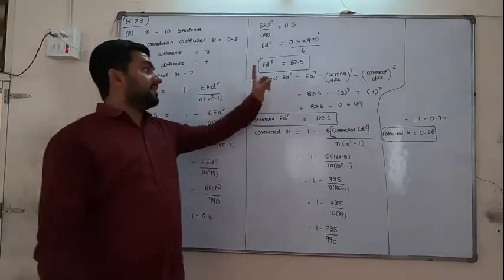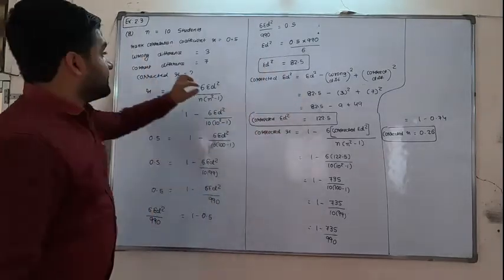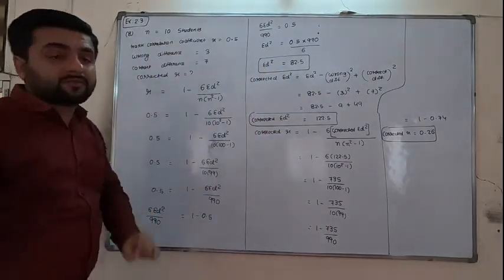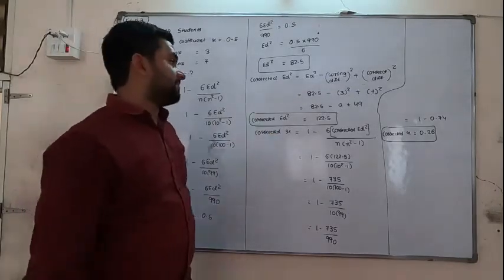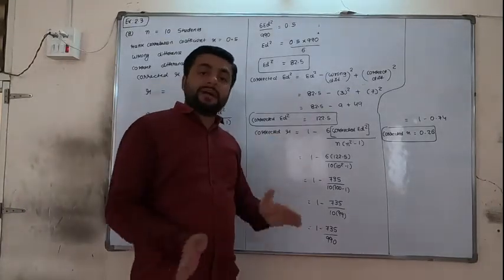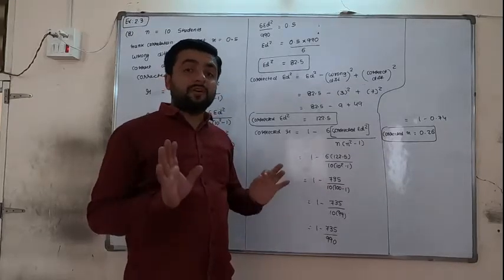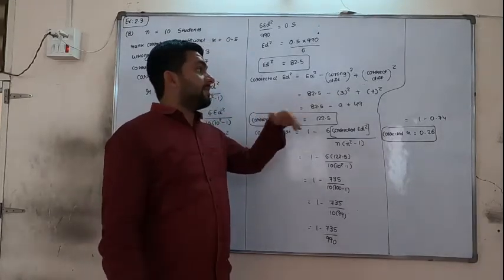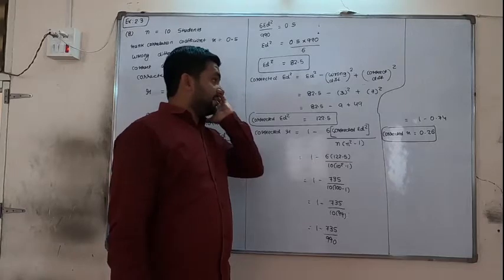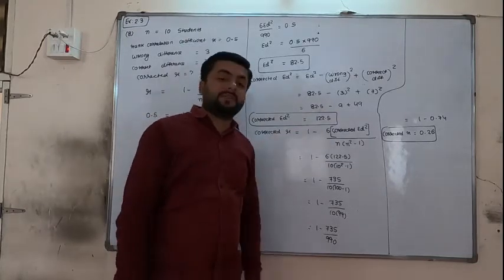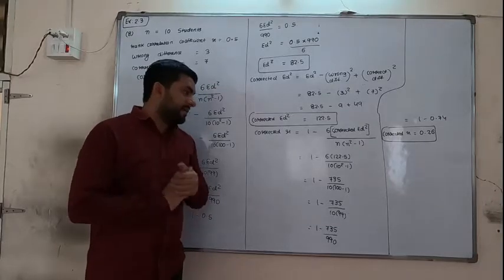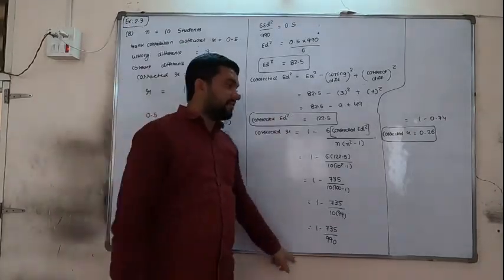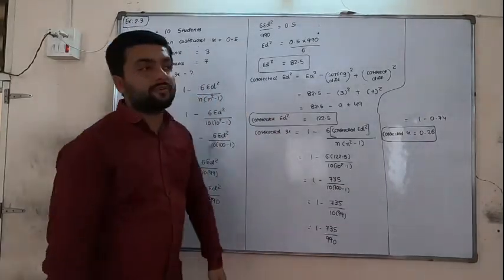But remember, here d square is used and here the difference is without square. So use square also. So for corrected sigma d square, we take 82.5 minus wrong difference square, because all things are in square, plus correct difference square. So 82.5 minus 3 square plus 7 square. So corrected sigma d square is 122.5. Now corrected R uses all the corrected values, and the corrected R is 0.26.